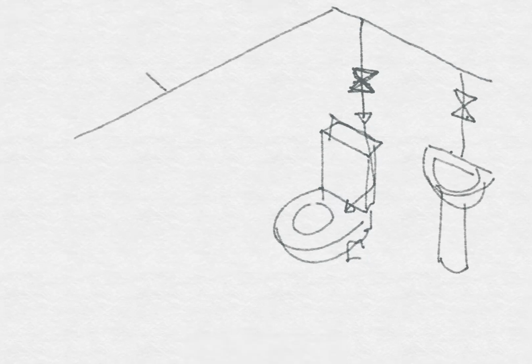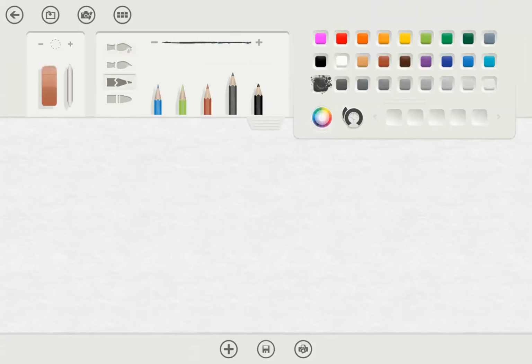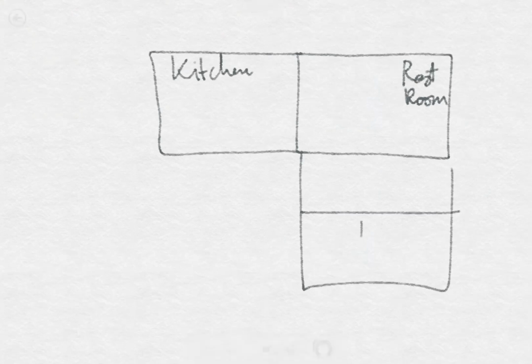But if we have different spaces, I will use another drawing. So let's say that here we have a restroom. This is the kitchen. We have different rooms here, and there's another restroom there. This is the water supply.